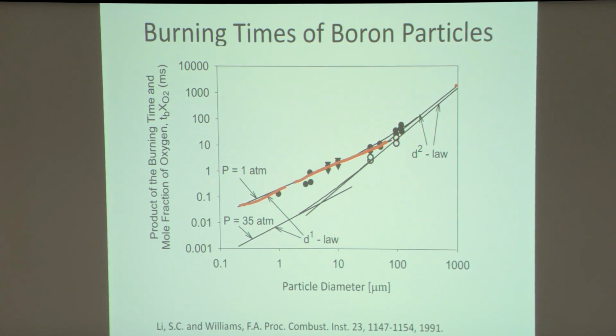And you can see the data, although there's not very much data at larger particles, it gives the idea that it's going to switch. And you notice if I go to a higher pressure, the diameter where that occurs decreases.